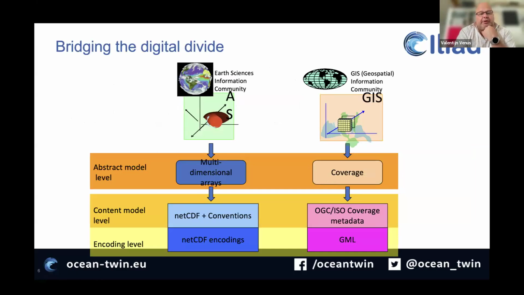So how do you make this work? We've got the Earth science information communities, such as the oceanographers and the atmospheric scientists, and then you've got the GIS, the geospatial information community, and they talk different data models and different standards, as you see here from the different pillars. That's where our primary focus has been, to bring these two worlds together.